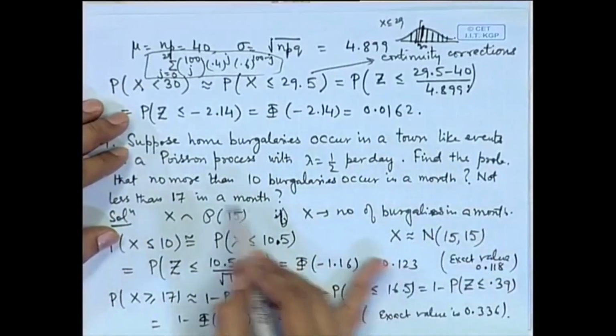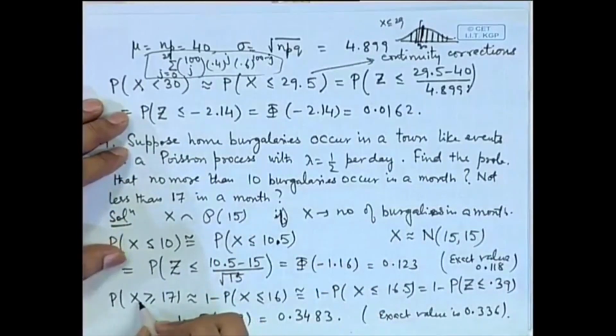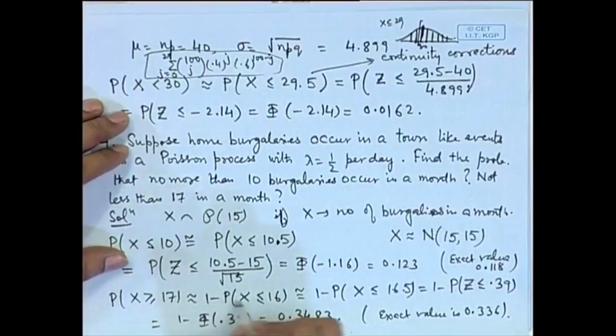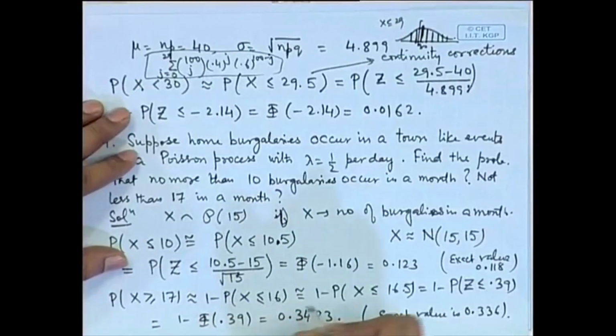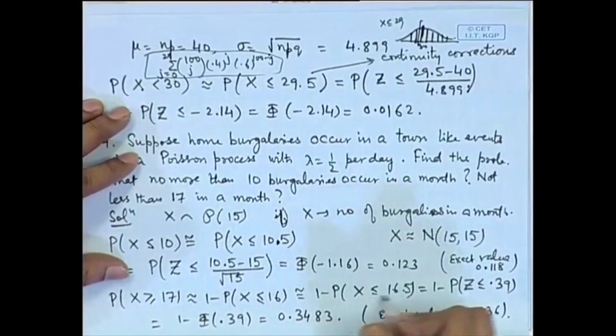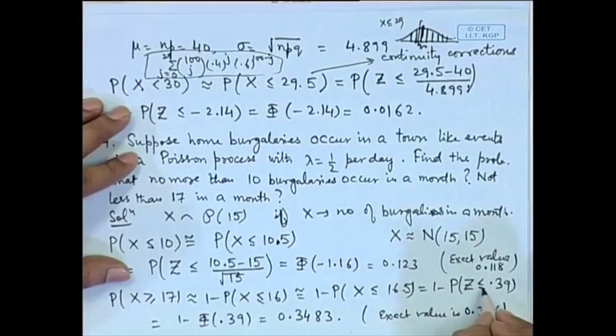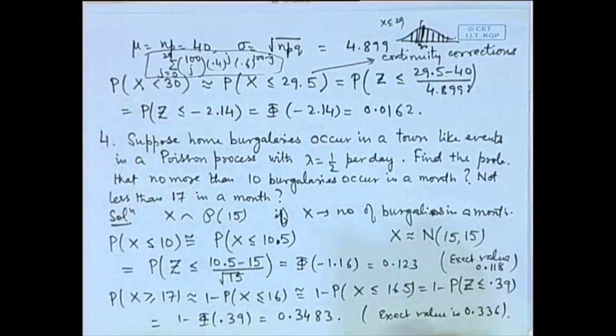Similarly, not less than 17 in a month, that is probability x greater than or equal to 17, which is 1 minus probability x less than or equal to 16.5, that is the continuity correction, and after shifting by 15 and dividing by root 15, it becomes 0.39, which we can see from the tables of the normal distribution, and 0.3483 is the value.